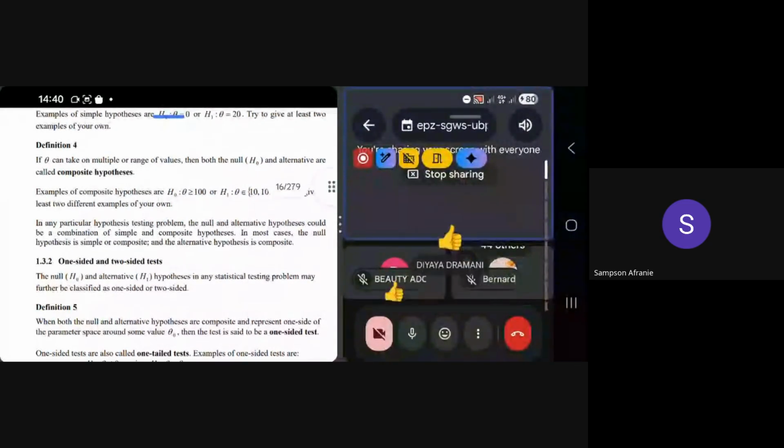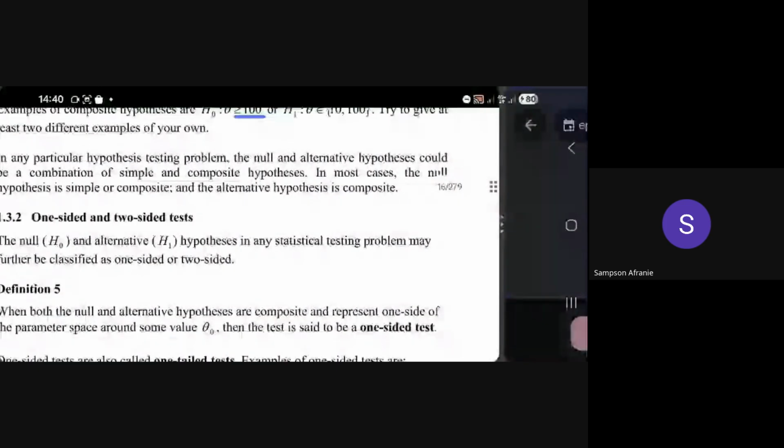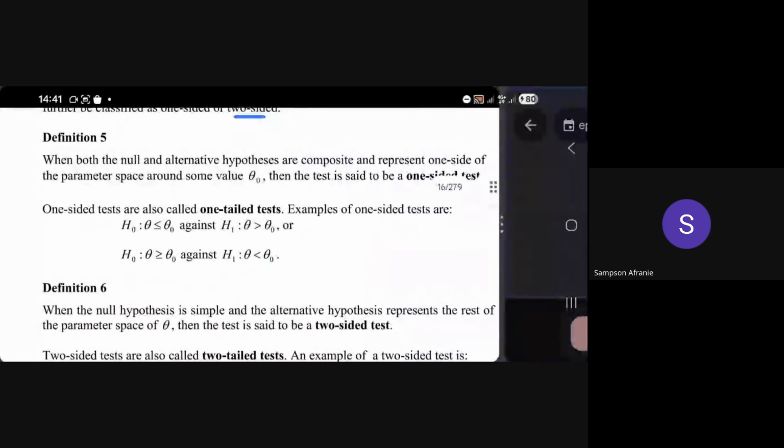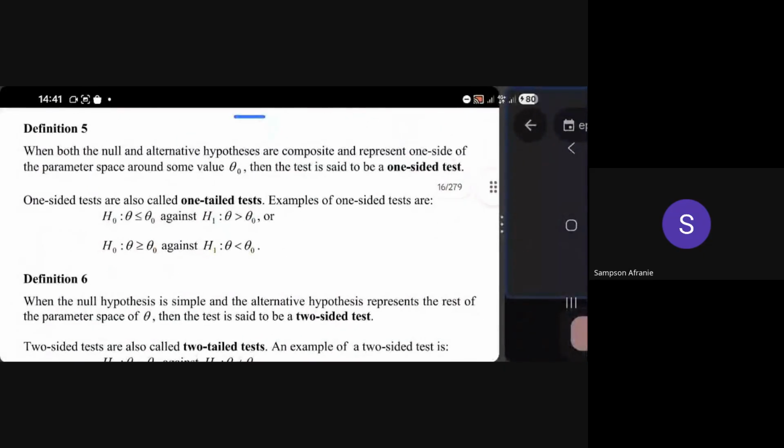Great. So now we are going to look at one-sided, and that will take us to the question that he asked. We have one-sided test and two-sided test. There are times that you are going to get all these happening. Under what circumstance do we say that a test is one-sided? And under what circumstance do we say that a test is two-sided?